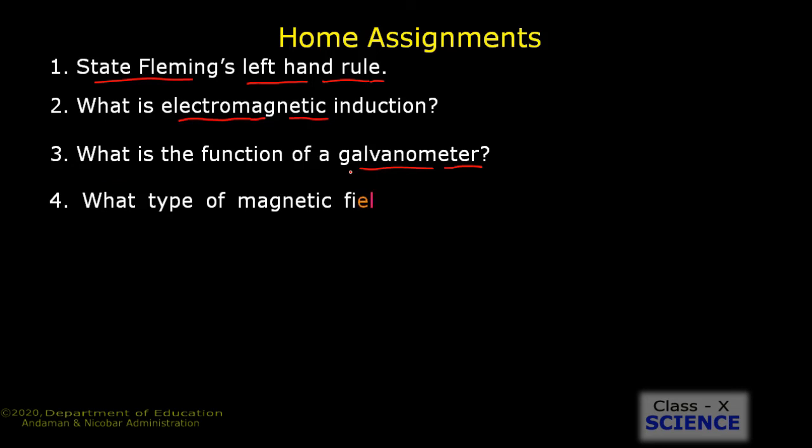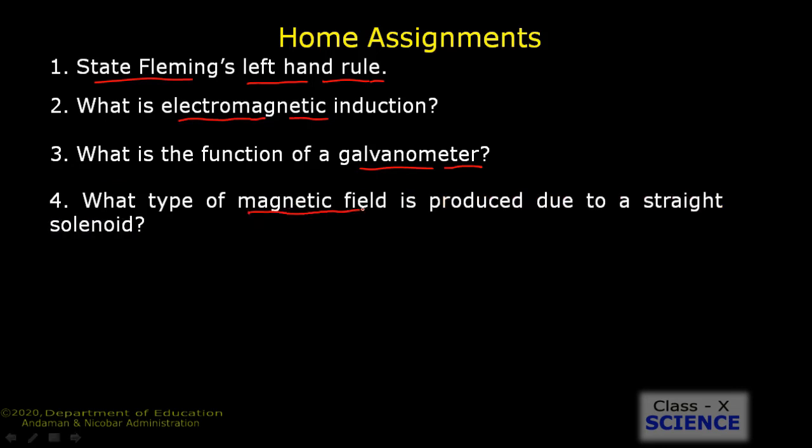The fourth question is, what type of magnetic field is produced due to a straight solenoid? So think about the solenoid and magnetic field, think about the poles, think about the diagrams, then you will find the type of magnetic field produced in a straight solenoid.